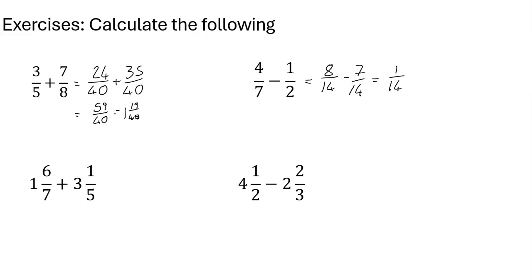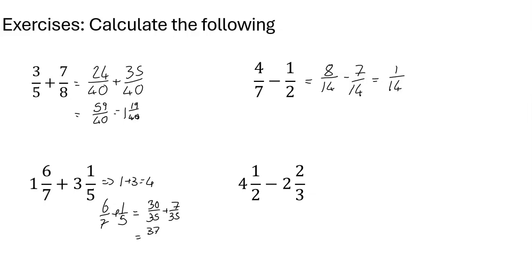Bottom left one brings into play the mixed numbers part of it. Now this one, I'm going to separate it. I've got 1 plus 3 gives me 4. I've then got 6 over 7 plus 1 over 5, the fractional elements of it. If we follow our standard technique, we'll end up with 30 over 35 plus 7 over 35.